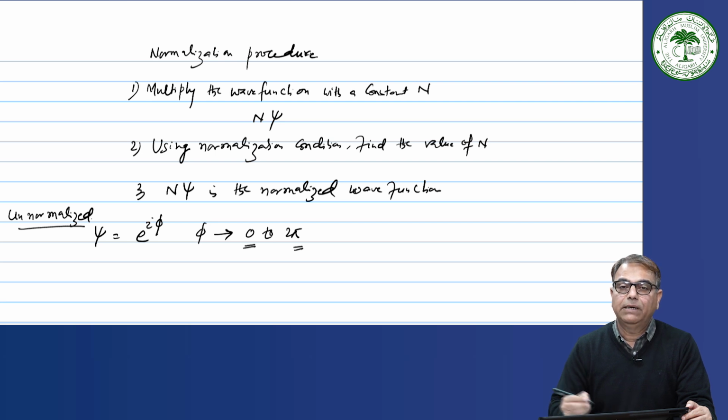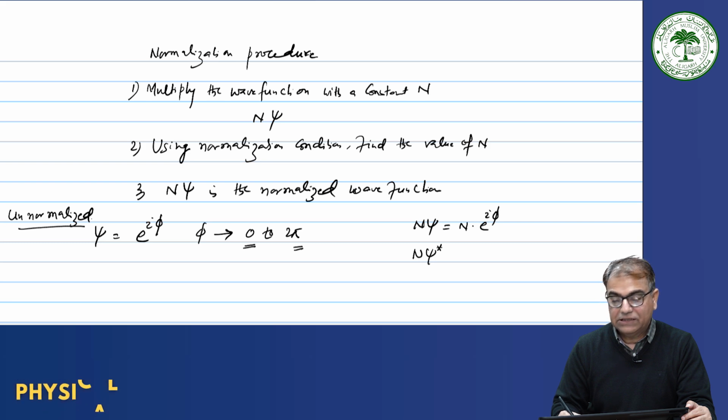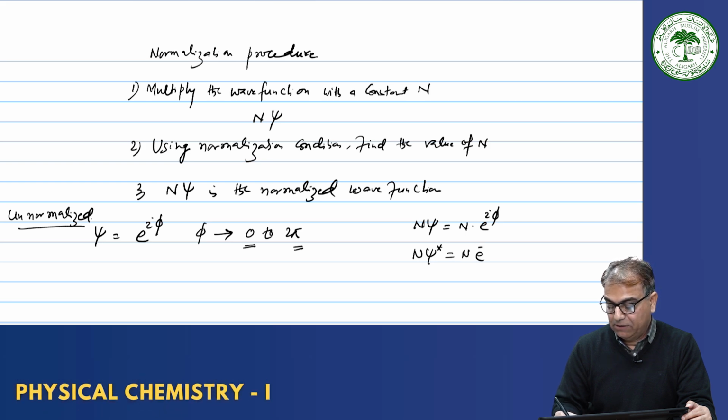What will you do? You will multiply it with n. So n psi will be n into exponential i phi. And since it is an i value, it's a complex function, so you will write n psi star will be n exponential minus i phi.